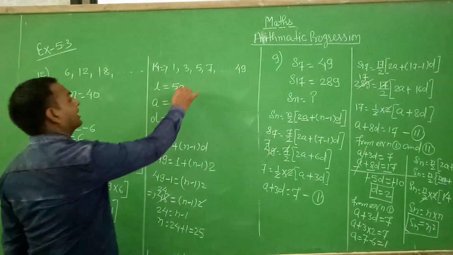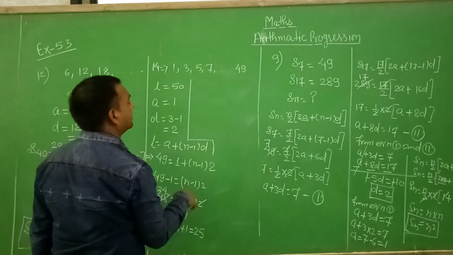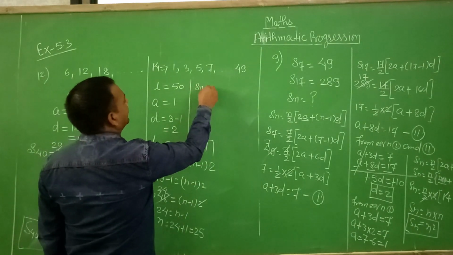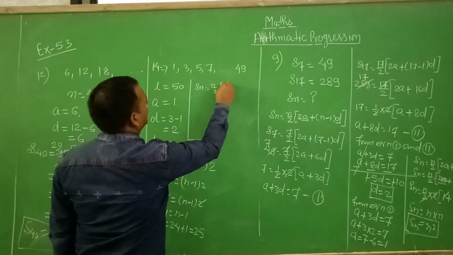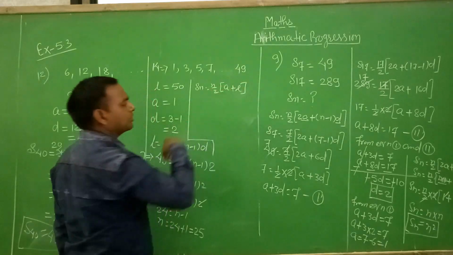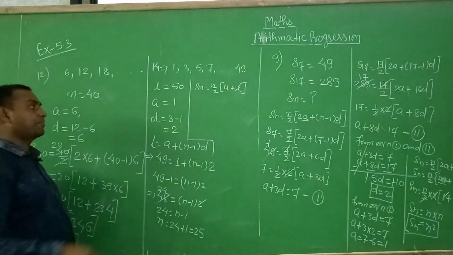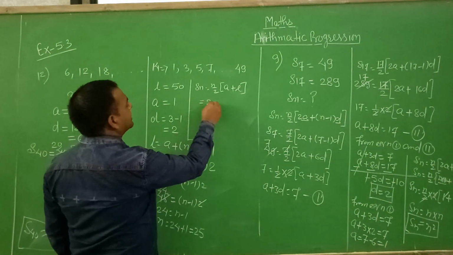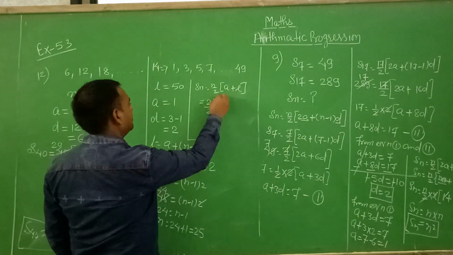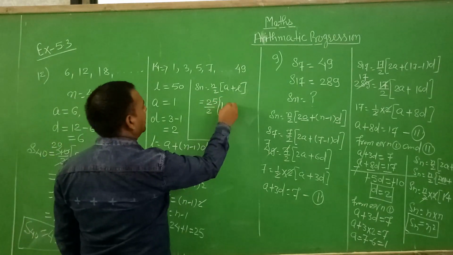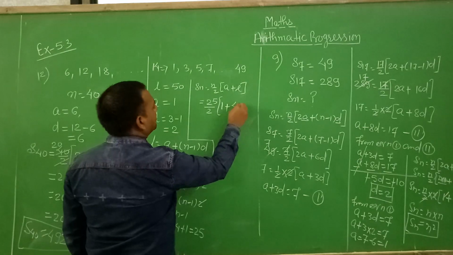After that you apply the formula Sn. Since the last term is given, you apply the formula Sn is equal to n by 2 bracket a plus L. The number of terms is 25, divided by 2. a, the first term, is 1, and L, the last term, is 49.